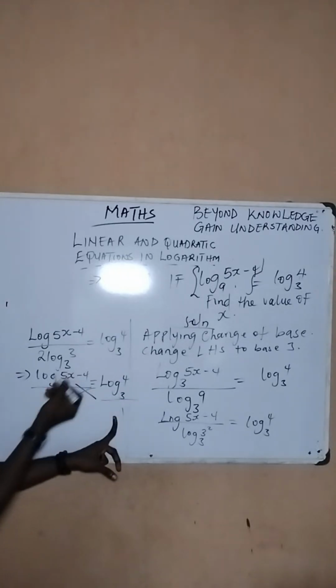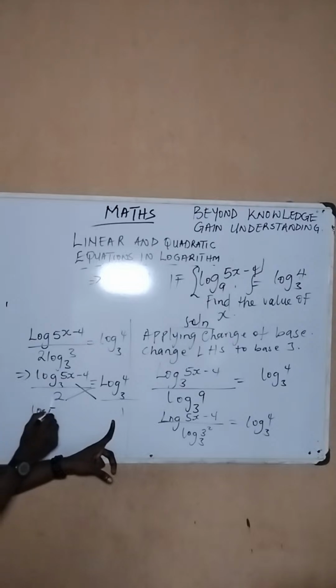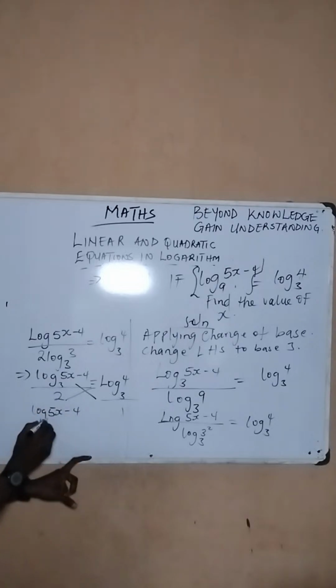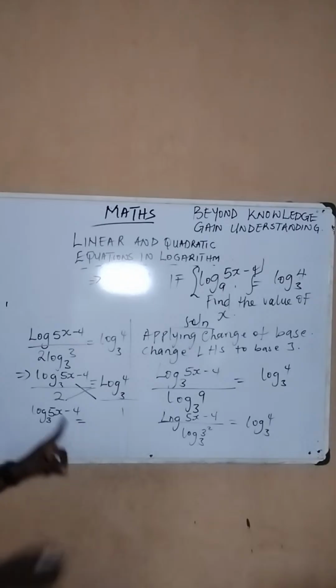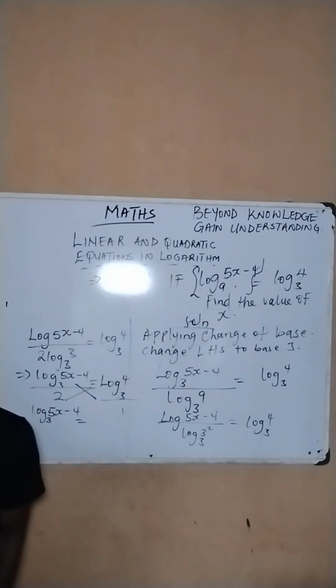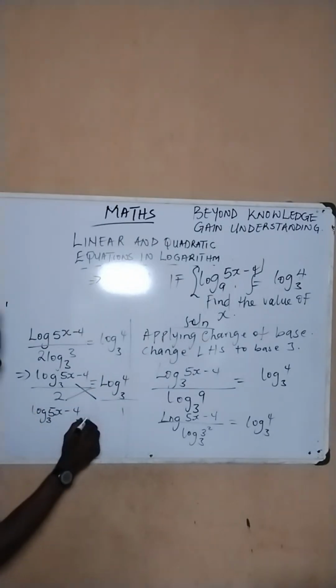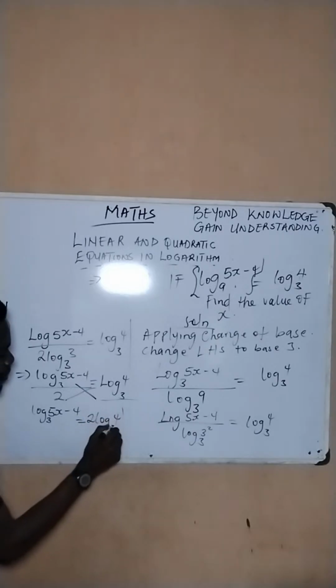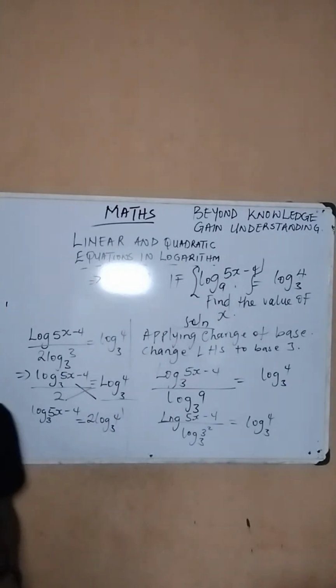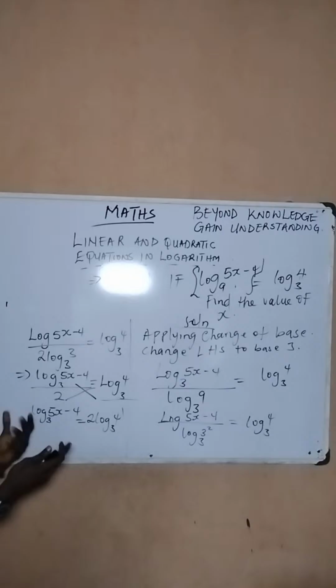If 2 goes and multiplies this log 4 base 3, it now gives you 2 log 4 base 3. It becomes the coefficient of the log. So log of 5x minus 4 base 3 equals 2 log 4 base 3. Now look at something interesting that we're going to do here, because if you look at this so far, it doesn't look like it's leading us somewhere, but it actually is.